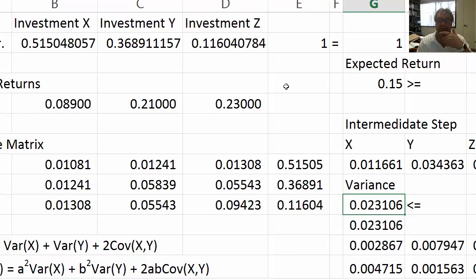In this case, my investments change: I'm going to put 52% into X, 37% into Y, 12% into Z, and I'll get a 15% expected return, but my variance is only going to be 0.02. So there you go, another version of the Markowitz model.